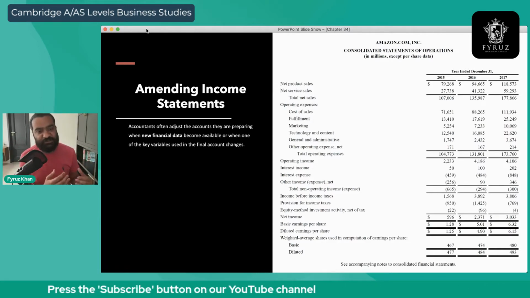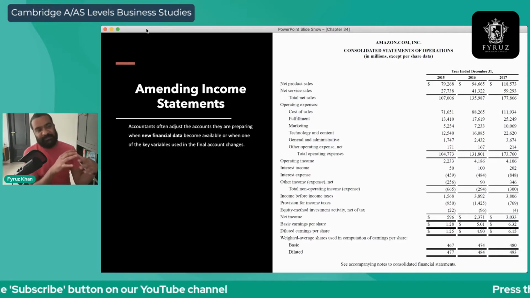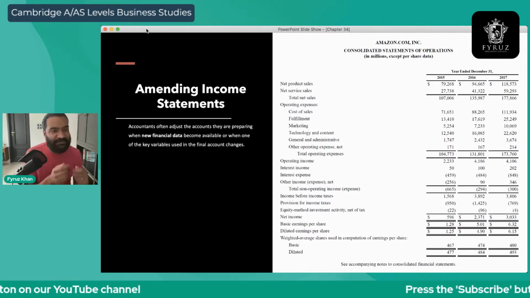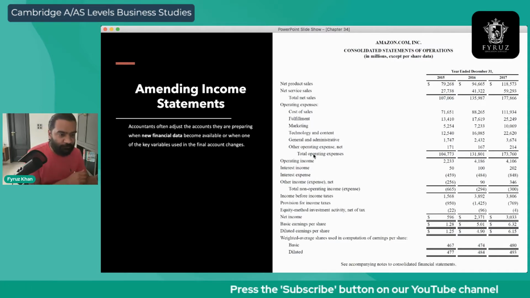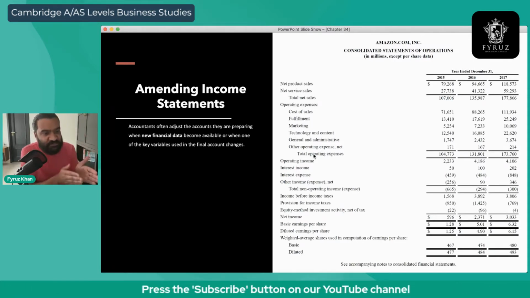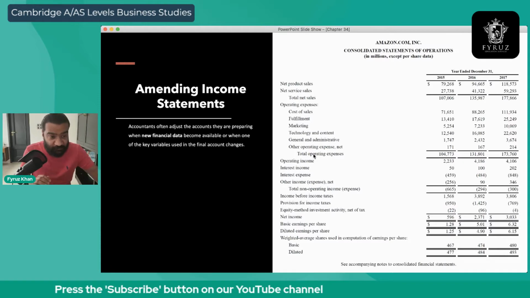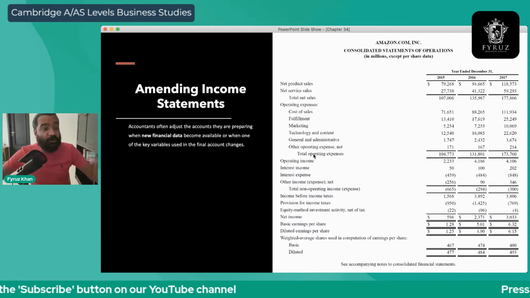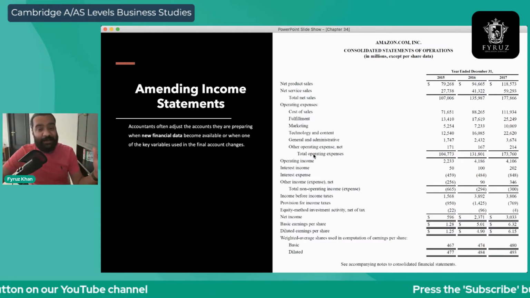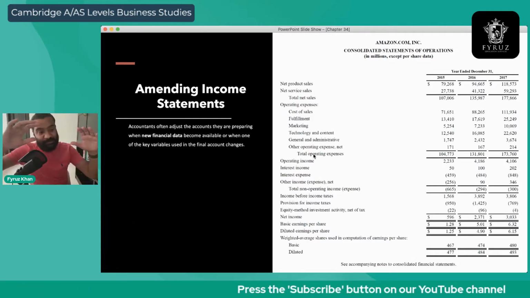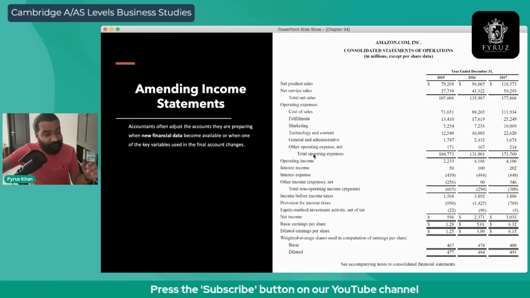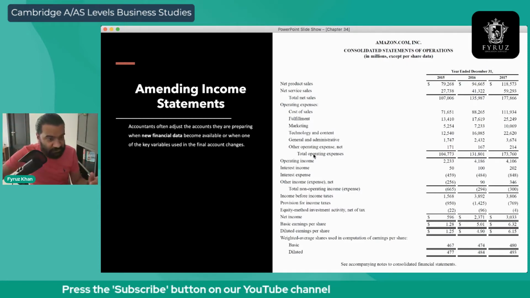We have to change. Let's say after you've made the income statement, you may have to insert a figure in your income statement. And what do you do? Of course, you can insert it, but you have to be very, very careful because you've already drawn up the document, and one small change will affect other factors, will affect other figures.